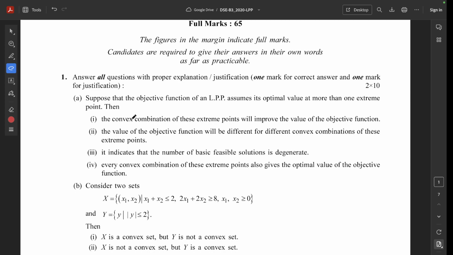The correct option is this: every convex combination of these extreme points also gives the optimal value of the objective function.